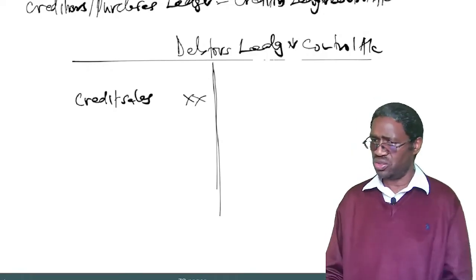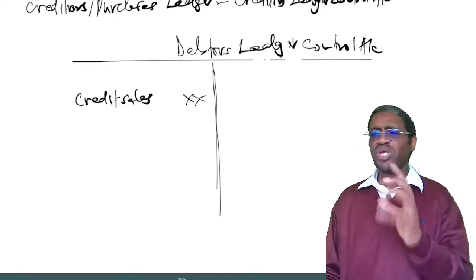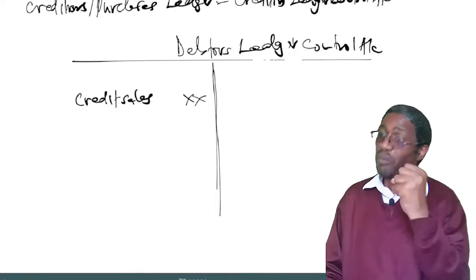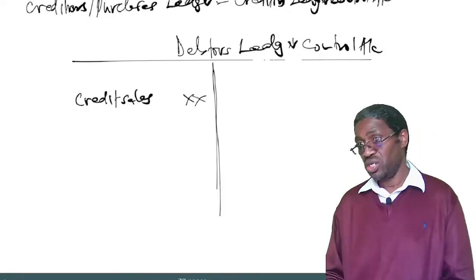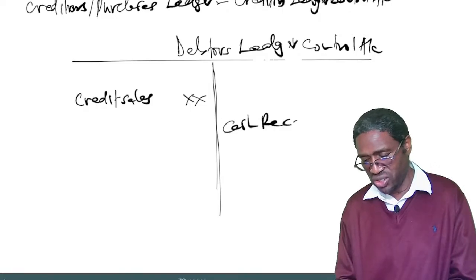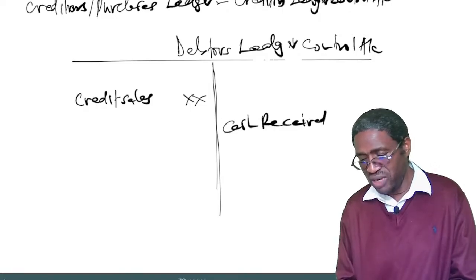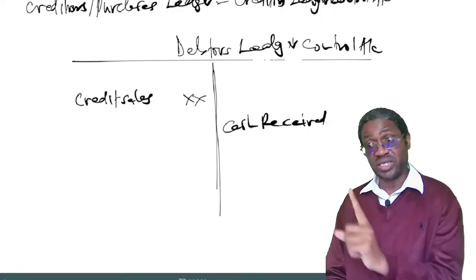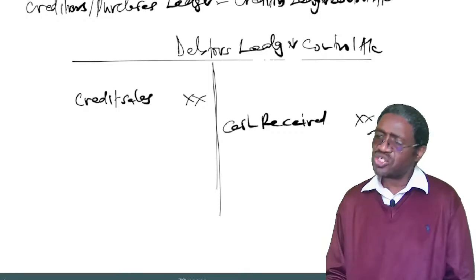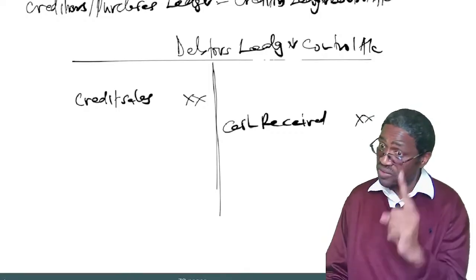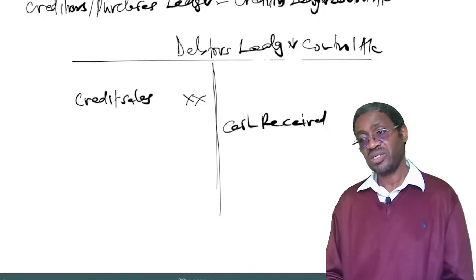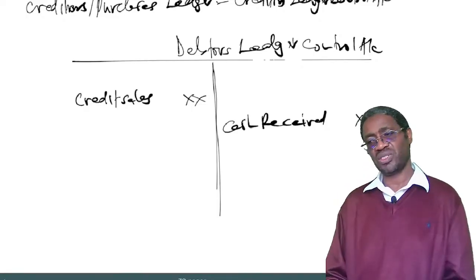For example, when you receive cash from your customers or your debtors, the double entry is you debit cash, you credit debtors. Good. So any cash received from debtors, you normally debit cash and credit debtors. So again, the total cash received, not the individual cash, should be credited in the control account.